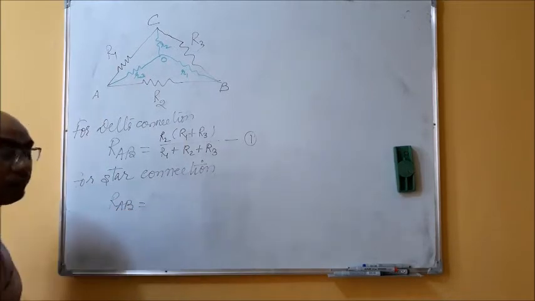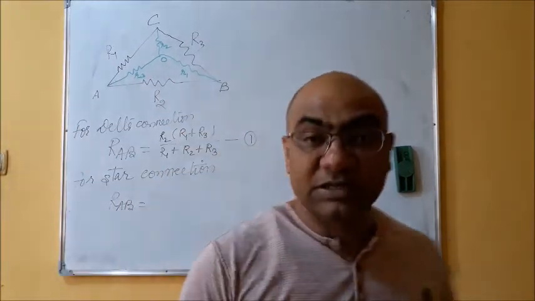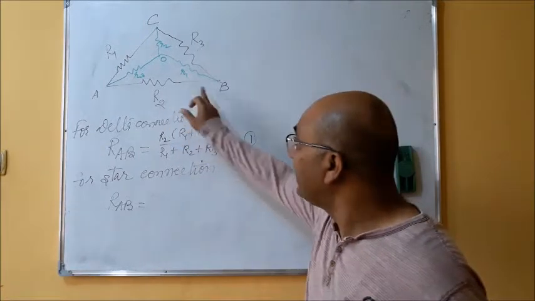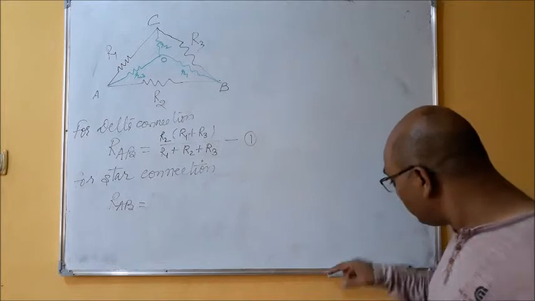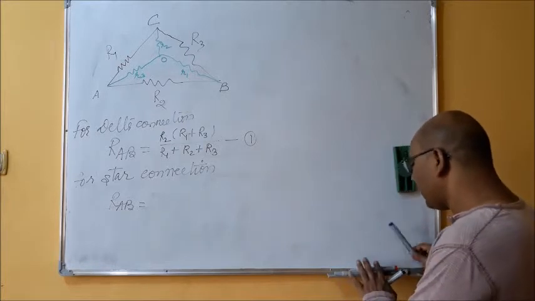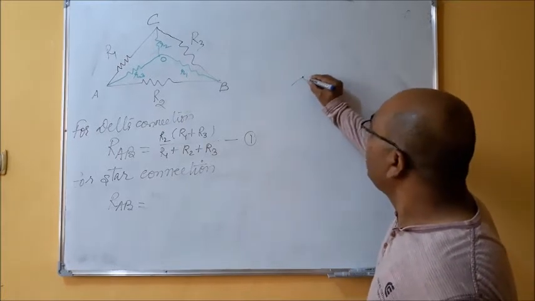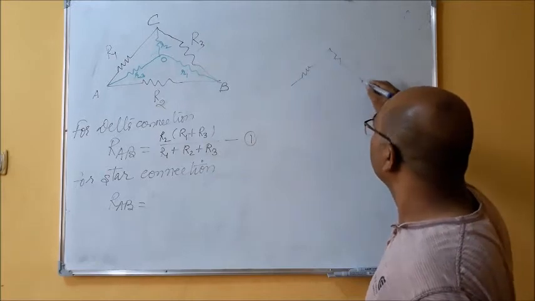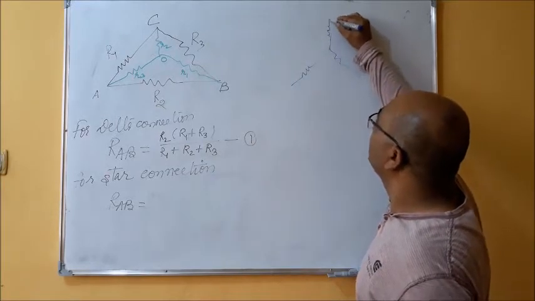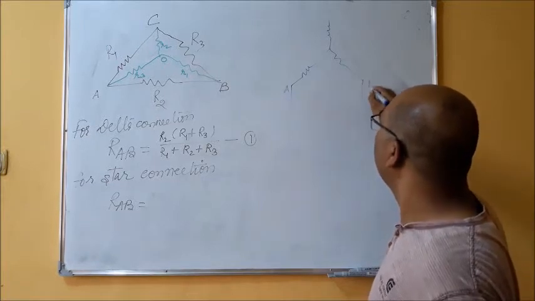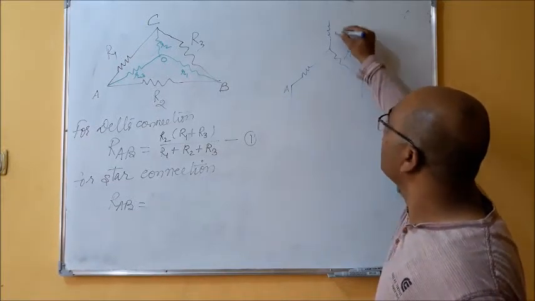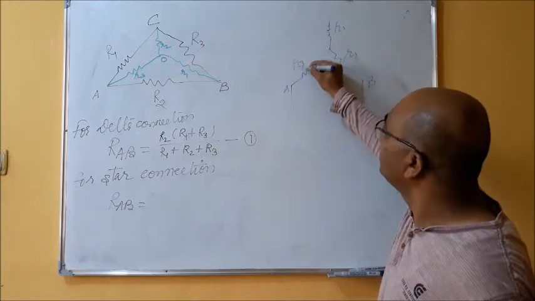I am trying to find the value of resistance between A and B using the star circuit. So if you see the star circuit, the circuit is like this. This is A, this is B, this is r1, this is r2, this is r3.